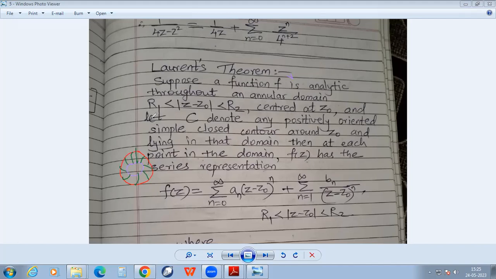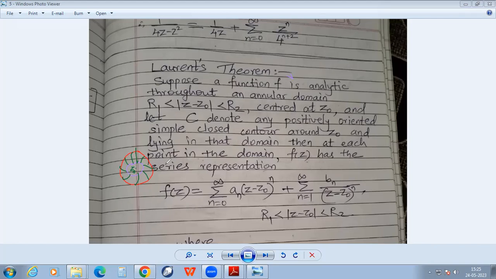The smaller disk has a radius R1, the bigger one is having radius R2, and the center is at Z0. So within this particular shaded region means between two disks. Now f should be analytic in this annular region.